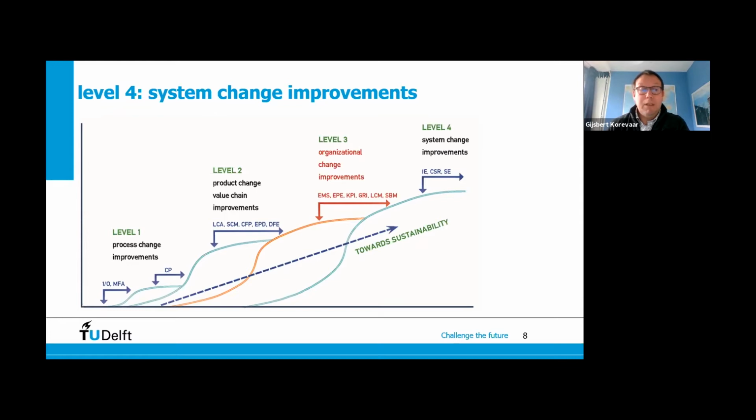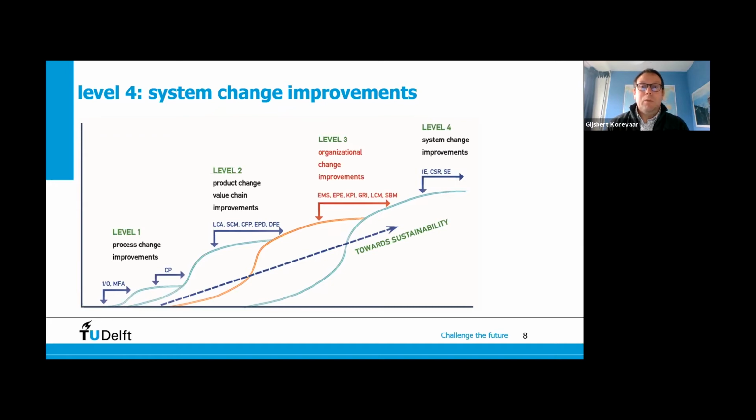This might be quite obvious to most of the audience, but I think it's still good to mention that the changes we need for sustainable development could be on a lower, more detailed level, and also on a larger scale. And you see that in this picture.